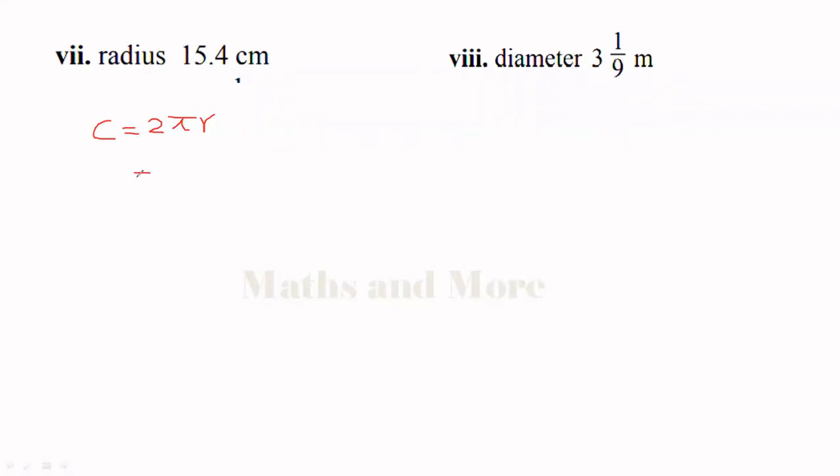Now let's substitute. 2 into π means 22/7. Radius is 15.4, but you can't simplify 15.4 using 3.5. So okay, we have to use some other method.